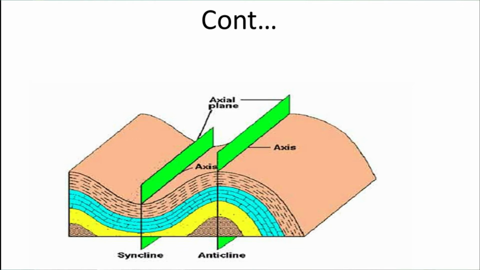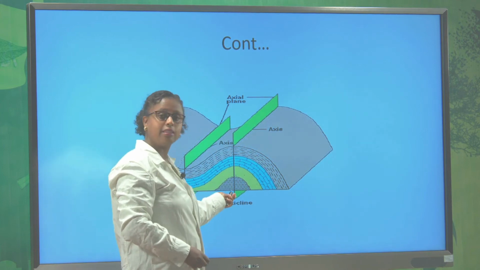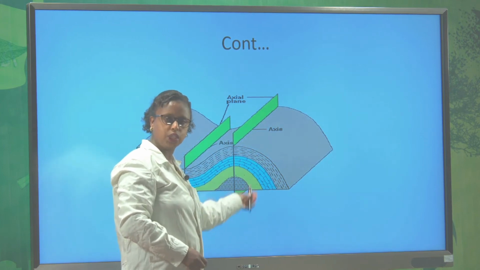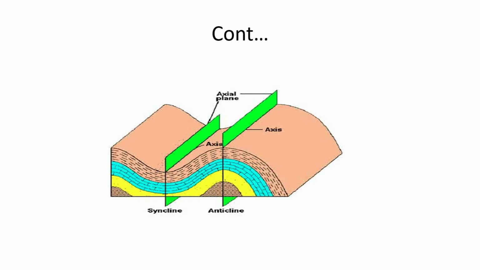The force pushing upwards forms this kind of shape, an anticline. On the other hand, the force pushing downwards forms this curved line, which you call a syncline.